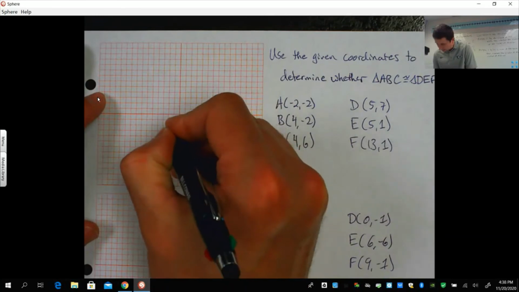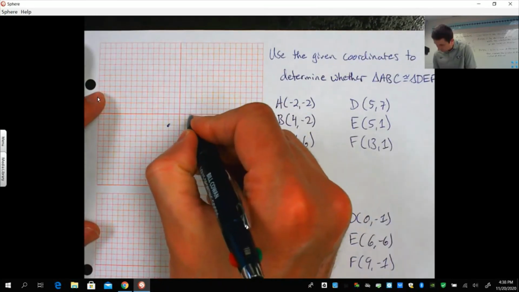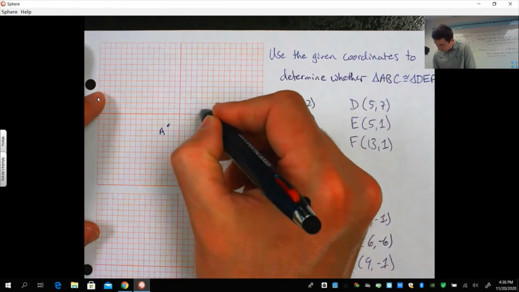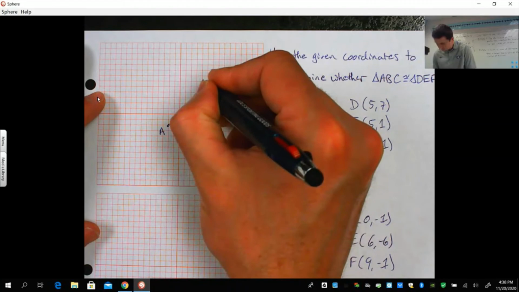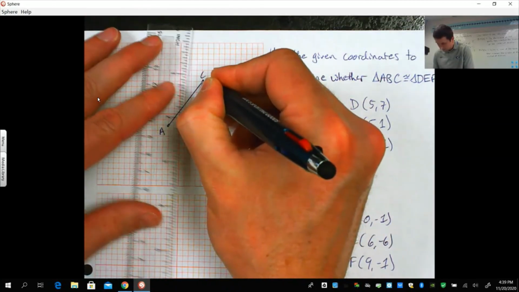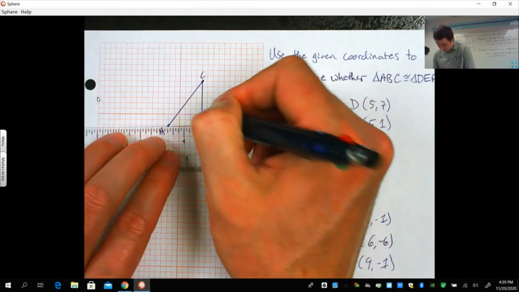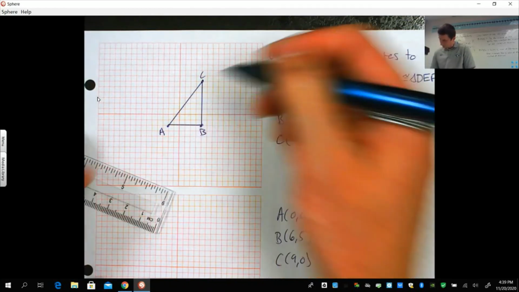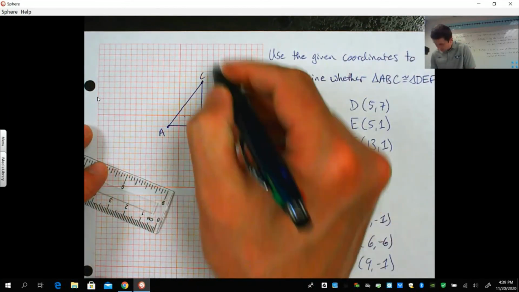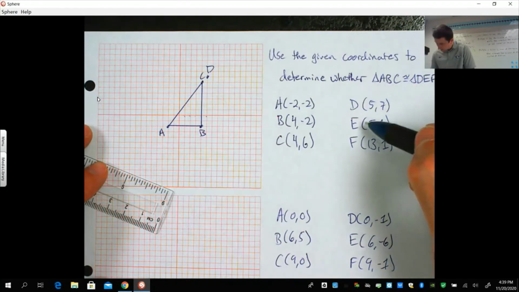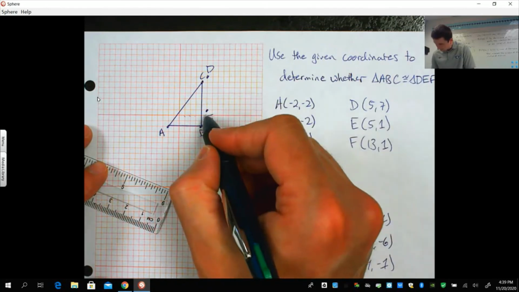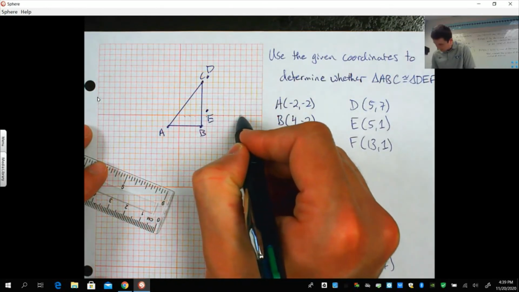A is (-2, -2), B is (4, -2), C is (4, 6). Is that congruent to D being (5, 7), E being (5, 1), and F is (13, 1)?